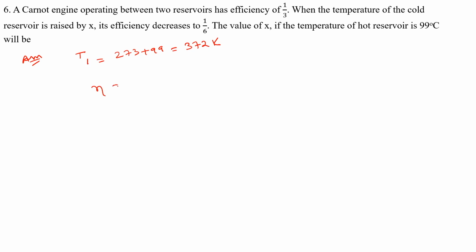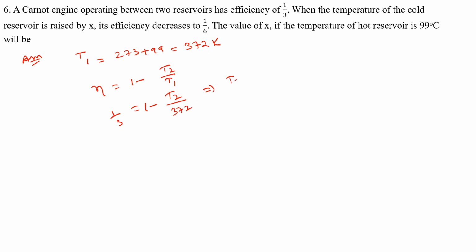So, eta is 1 minus T2 by T1, and efficiency is given, right. So, 1/3 is 1 minus T2 by 372.